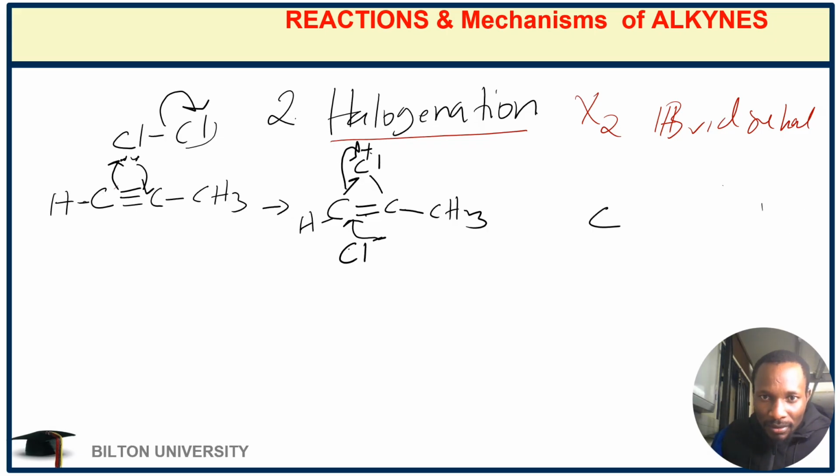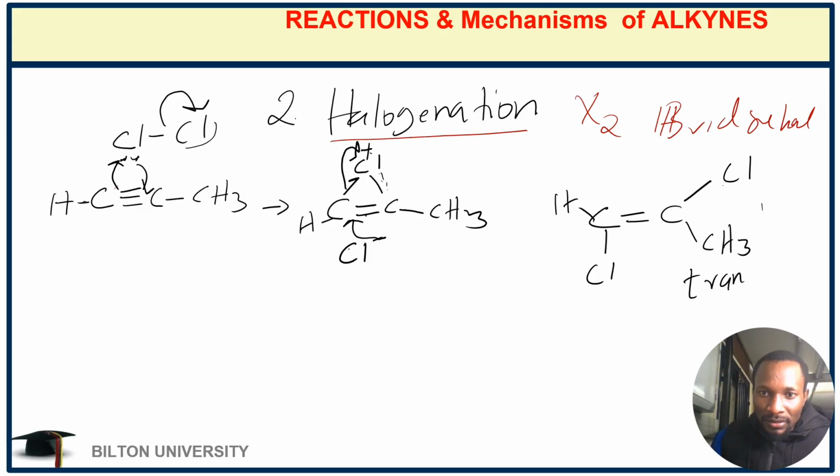So we have carbon double bond, we have our hydrogen, we have our chlorine, and on this carbon we have this chlorine atom formed here, and we have our CH3. So you can see we have formed our trans dihalide.